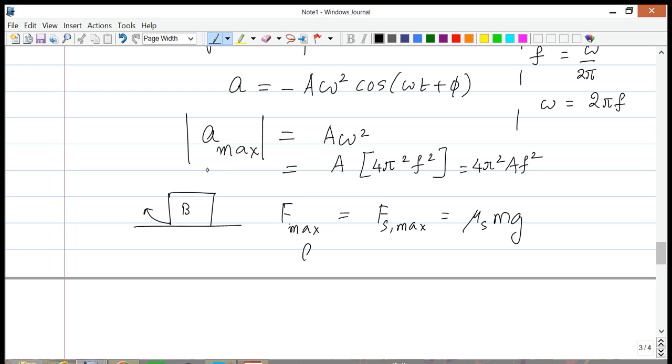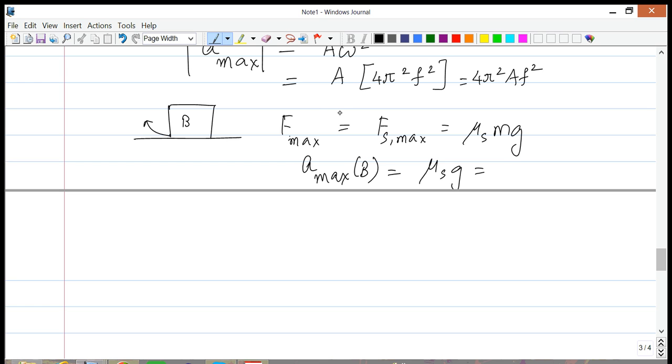As a result, the maximum acceleration of block B is simply mu s times g. And this we know is equal to 4 pi square A times f square. So this gives us A equals mu s times g divided by 4 pi square f square. So this is the answer to problem number 53.